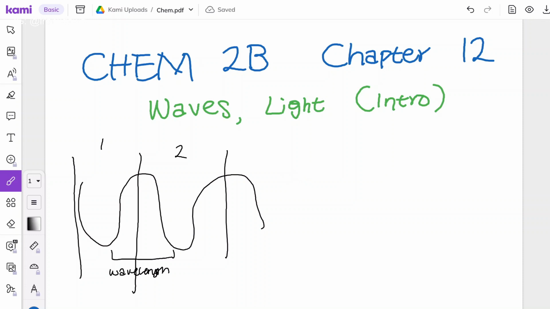And in this class, they're going to use the symbols lambda as wavelength and nu as the frequency.